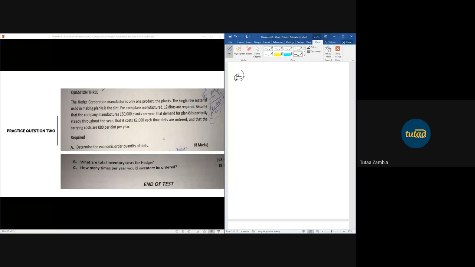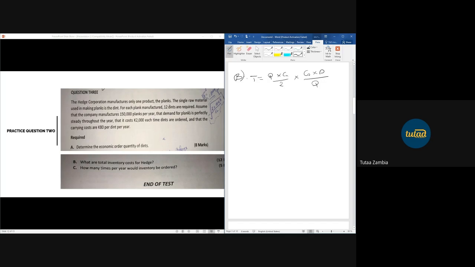Remember that we gave our total inventory cost, or in this case our total variable cost, as T equals our economic order quantity times our holding cost divided by 2, plus our ordering cost times our demand divided by our economic order quantity.